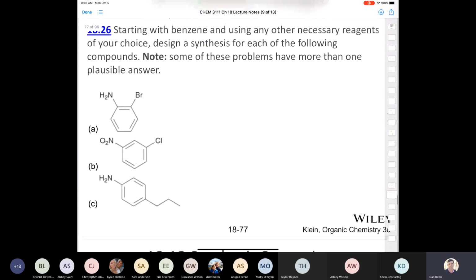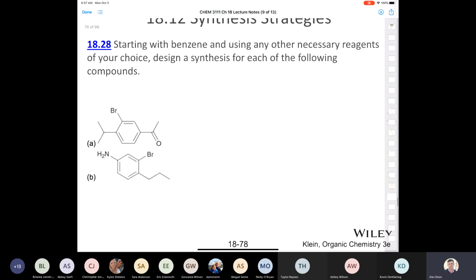And with those in mind, this is where I kind of wanted to start as a class this morning, by looking at 18.28a. So let's just focus on one problem for now. And once we solve this problem, we'll get into the rest of the material in the chapter. But you can see here on this molecule, we have some groups. We've got a halogen.